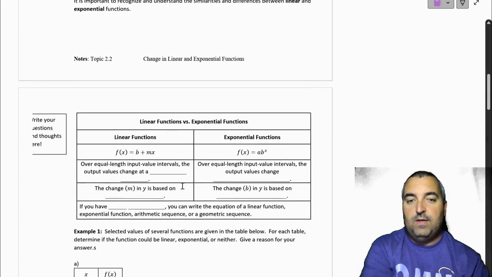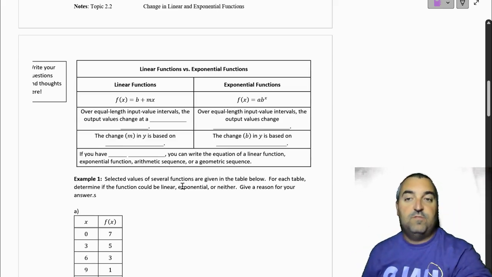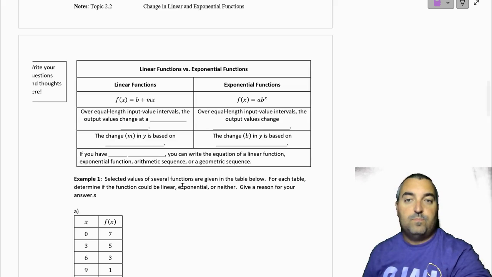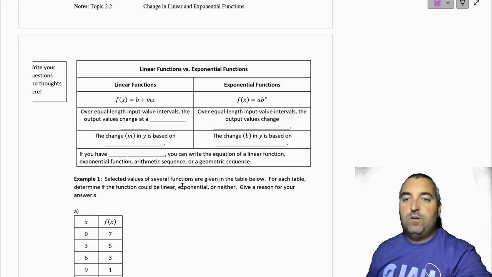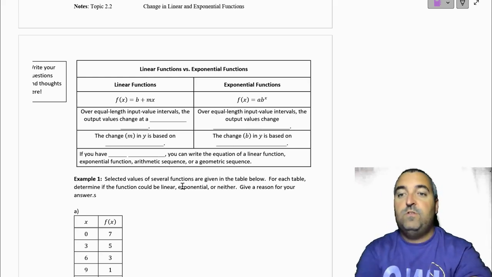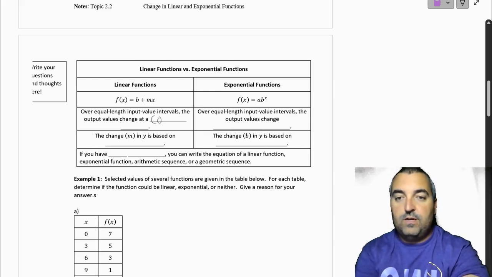And so here's our checklist, if you will, of what makes the different types different. So over equal length input value intervals, in linear functions the output values change at a constant rate.